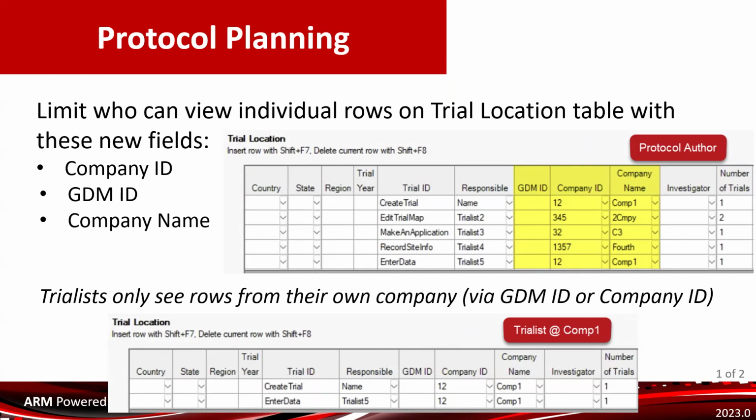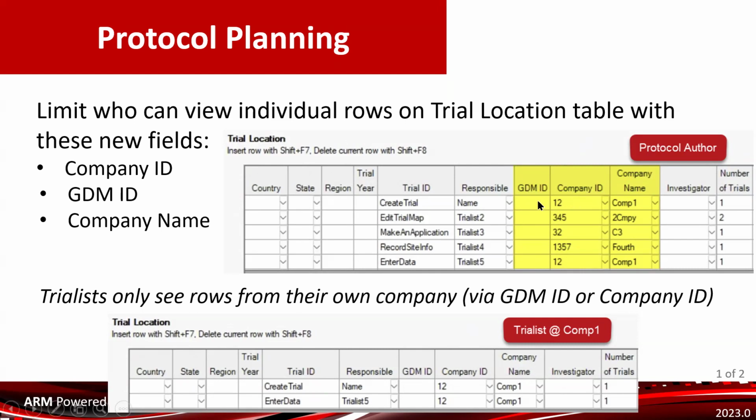The one downside, though, to that table was if you send that protocol out to each trialist so that they can create their own trial, it was maybe not the greatest that everyone can see who all else is working on this experiment. So what we added is a couple of fields that allow you to limit what information from this table individuals can see.